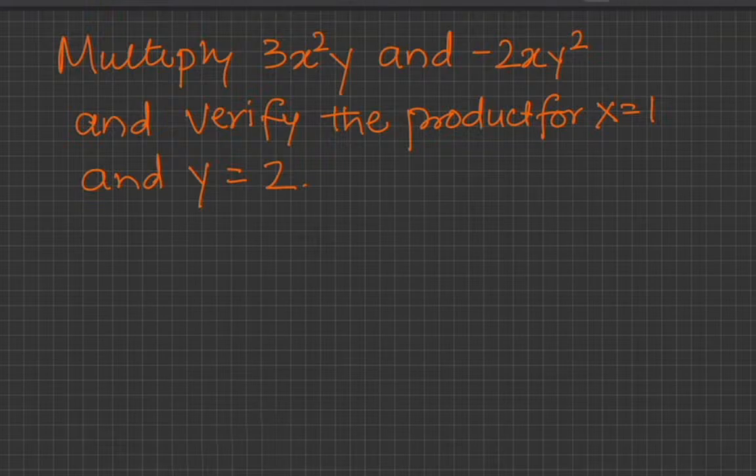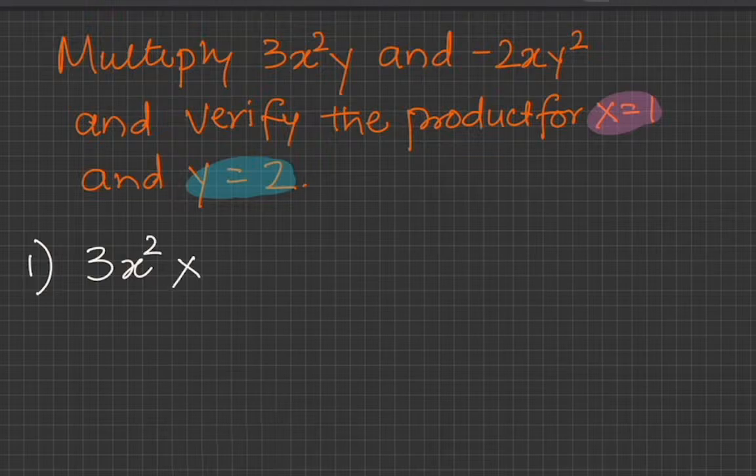So we have to plug in x is equal to 1 and y is equal to 2. We have the terms x squared y and xy squared. The first one is, let's take x squared y, because it says multiply negative 2xy squared. So we are multiplying two monomials, right?